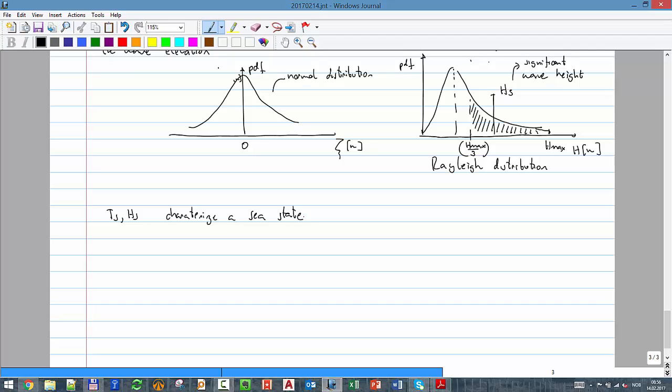You give them only those two numbers, and they know that the height will change following a Rayleigh distribution, and they can generate it very quickly, and the frequency will have the JONSWAP shape. They can use those two equations with only those two numbers to reproduce the wave state in that particular 3 hours.